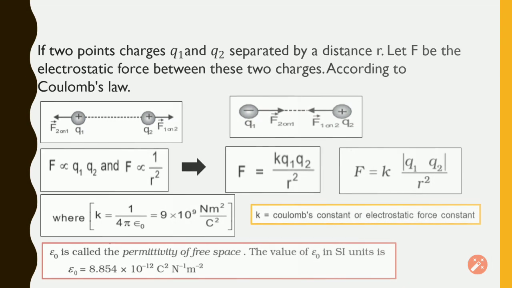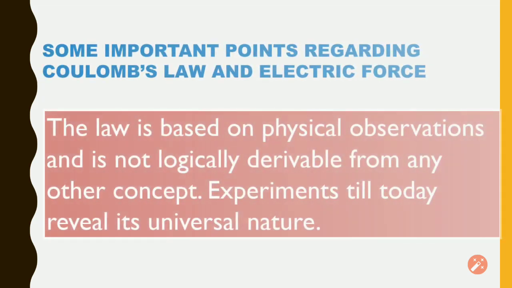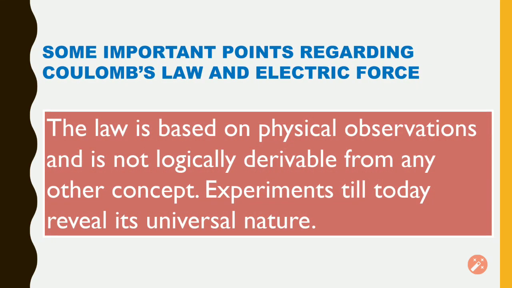So the next part is some important points regarding Coulomb's law that we have discussed just now. This law is based on physical observations and is not logically derivable from any other concept.